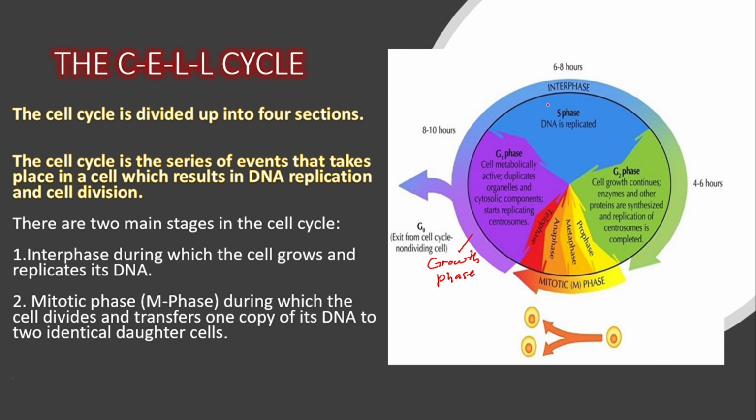This phase is the synthesis phase of the cell cycle. And we also have the second growth phase, where cell growth continues, enzymes and other proteins are synthesized, and replication of centrosomes is completed.